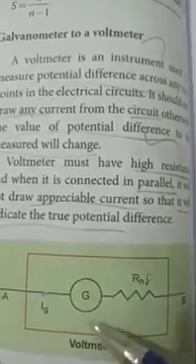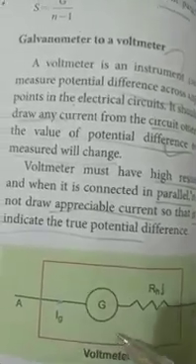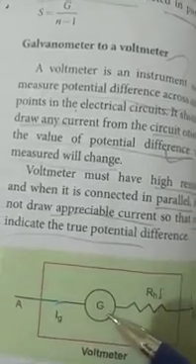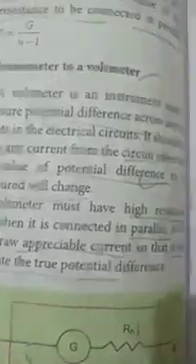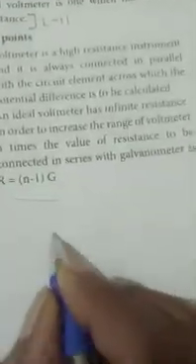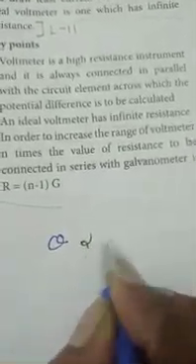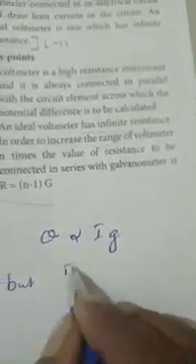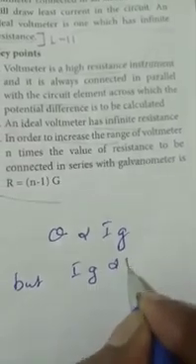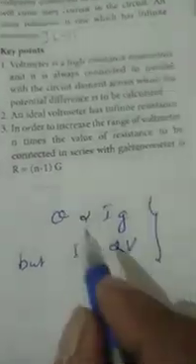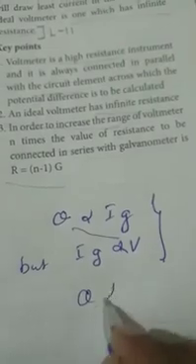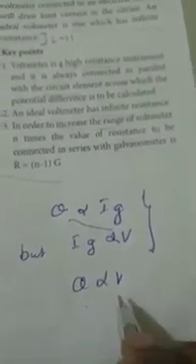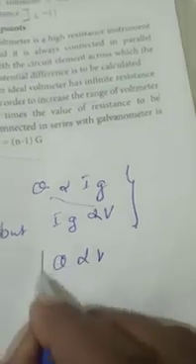So from this we can write the deflection in the galvanometer will be proportional to the potential difference. From these two we can write theta is proportional to V. That means the deflection in the galvanometer is proportional to the potential difference.